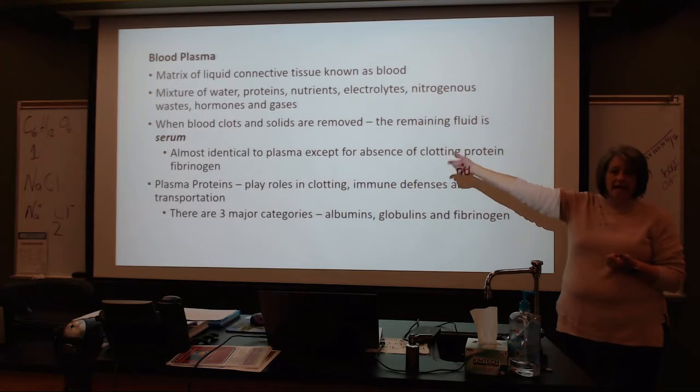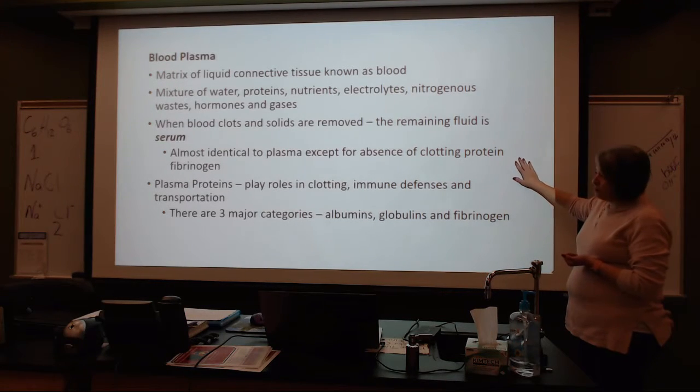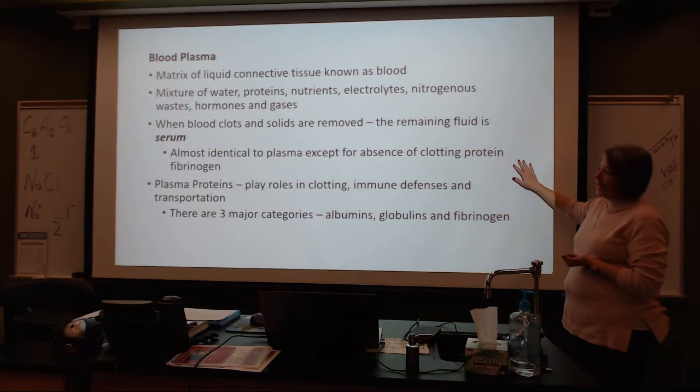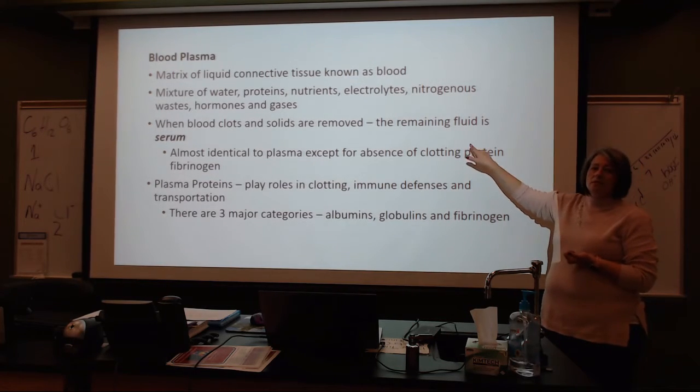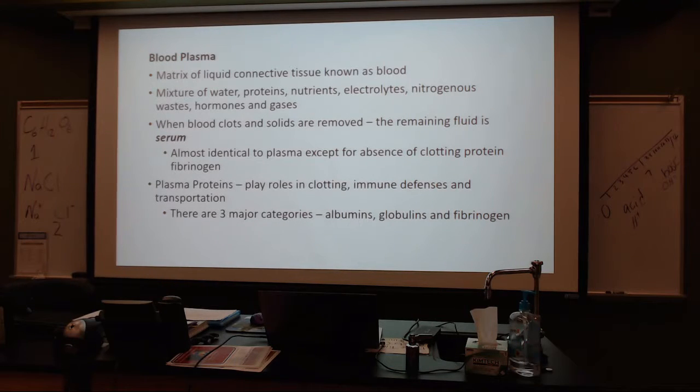It's almost the same as plasma without a clotting protein. That clotting protein that we're going to find is called fibrinogen. This is a very important molecule that's going to be found in our blood.